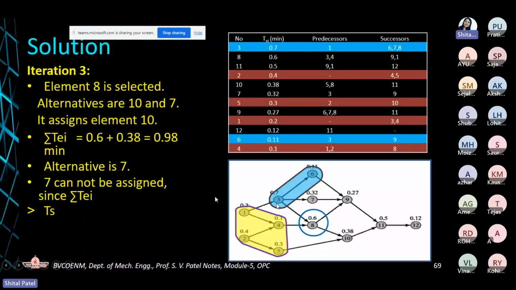The summation of 0.7 and 0.1 must be less than or equal to 1 minute. So this can be your second workstation. We are grouping activities in workstations, so workstation number 2 groups activity number 3 and 6.